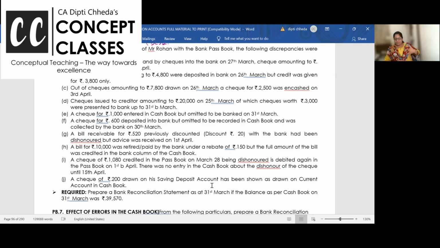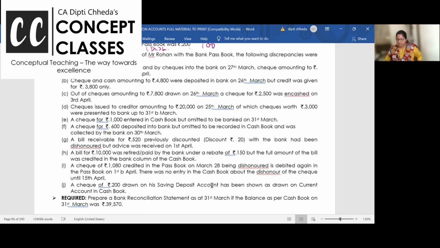Okay. On comparing the cash book of Rohan with the passbook, the following discrepancies were noticed.